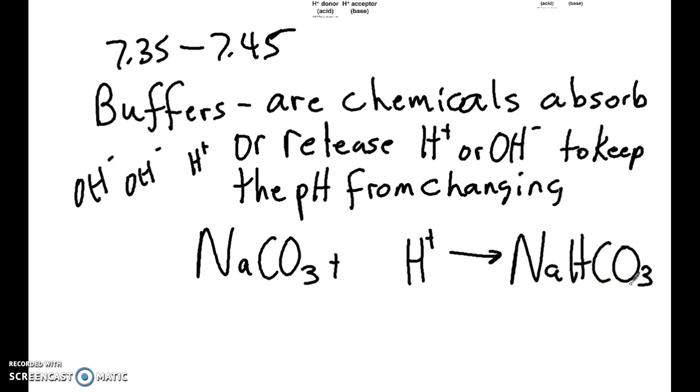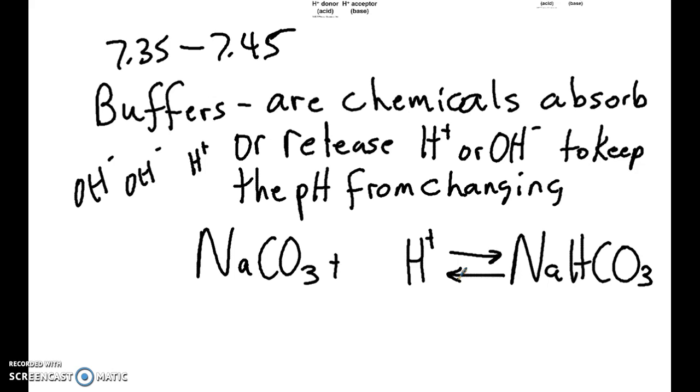Okay, so if your body had too much acid, you had a bunch of these acids floating around, your body could release sodium carbonate, which would hook up with that and make sodium bicarbonate. On the other hand, if your blood started getting too high a pH, too basic, then it could release some of these hydrogens, and this reverse reaction can happen. So this is one of those reactions. It can go both directions.